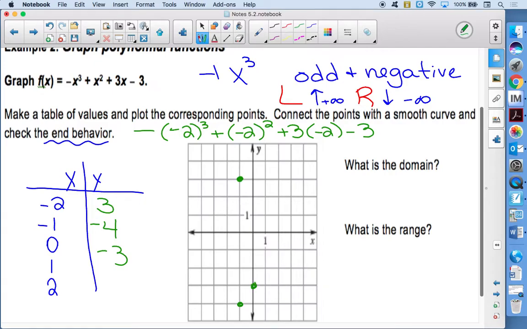Whenever it's -2, 3, should the first point be over 1? Alright, so when you plug in a 1, you're going to get a 0. And then when you plug in a 2, you get a -1.